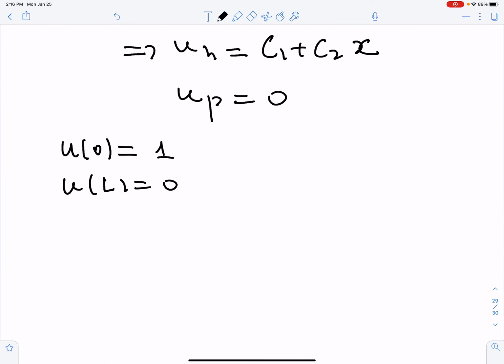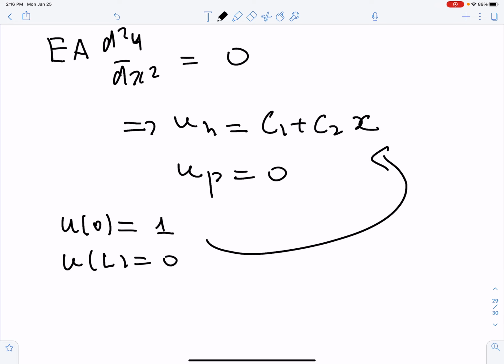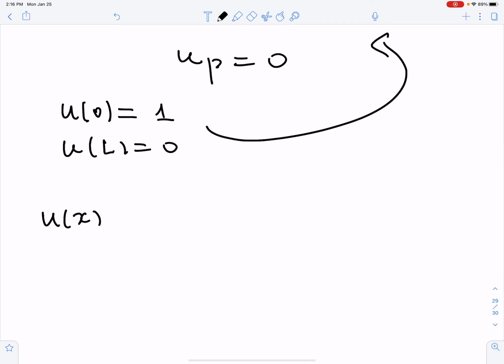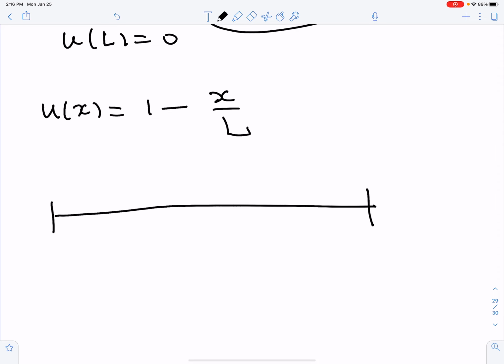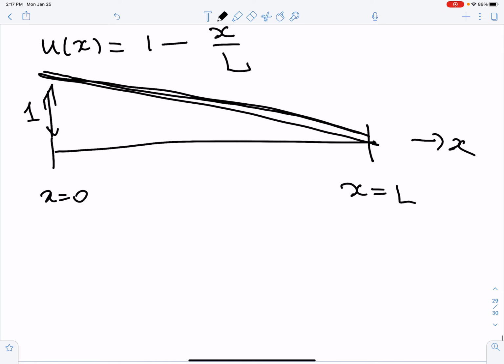Introducing the boundary conditions into this equation gives me the following expression: U of x equals 1 minus x over L. So if this is my bar, this is x equals 0, this is x equals L, I'm going to have a linear displacement that starts at 1 and decays linearly to 0.